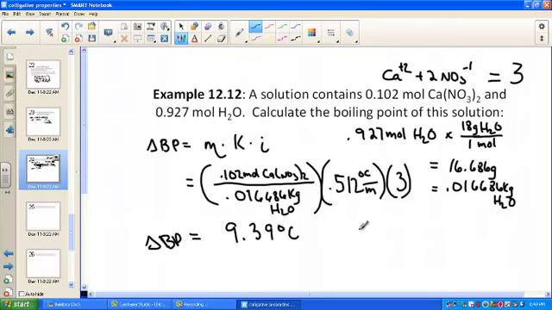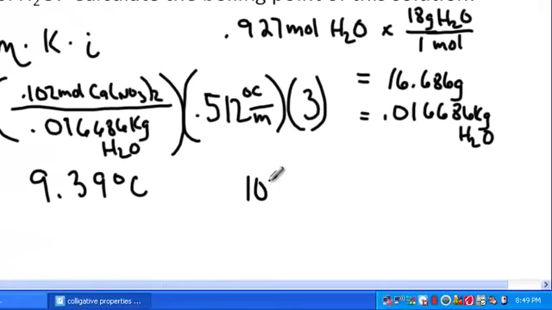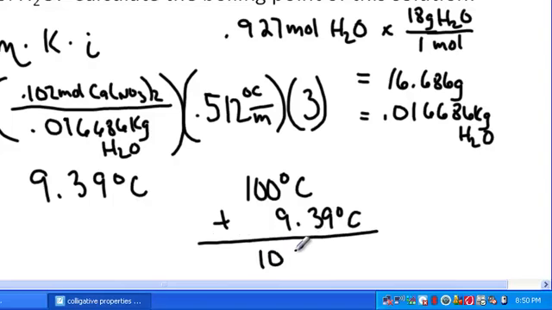That's the change in the boiling point. Water normally boils at 100. It elevated by 9.39 degrees Celsius. My new boiling point, 109.39 degrees Celsius.